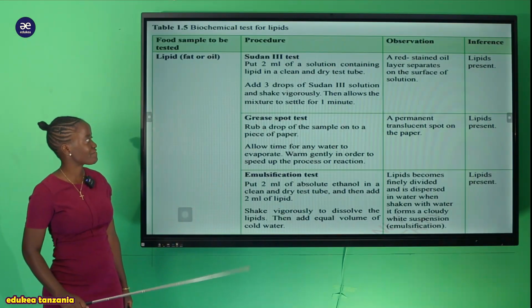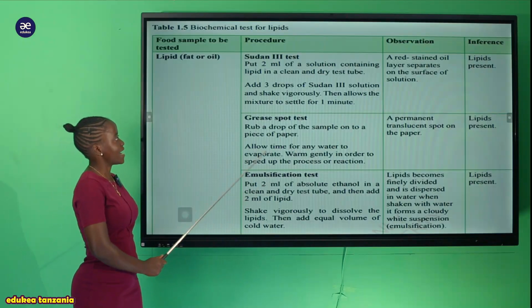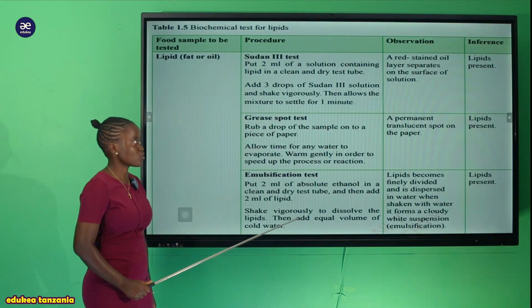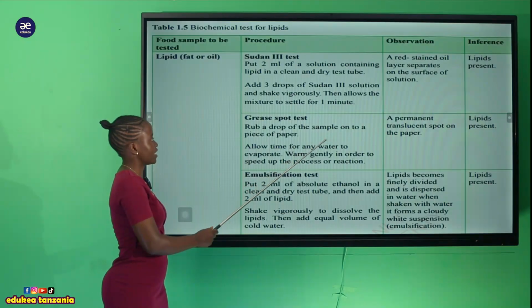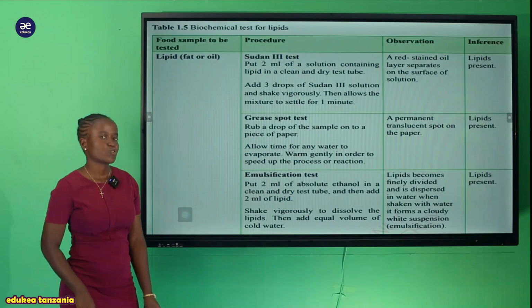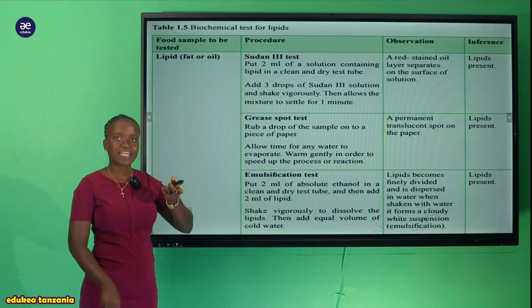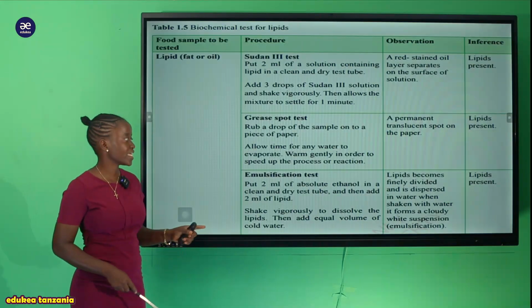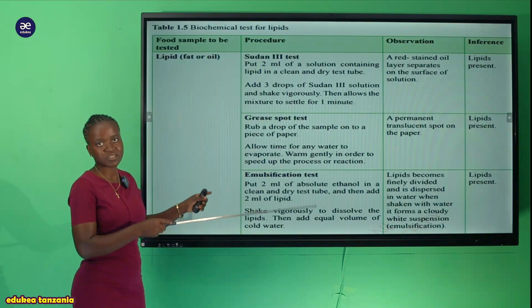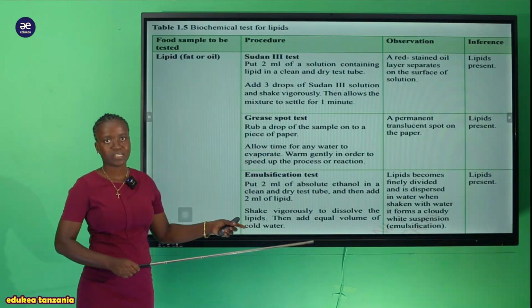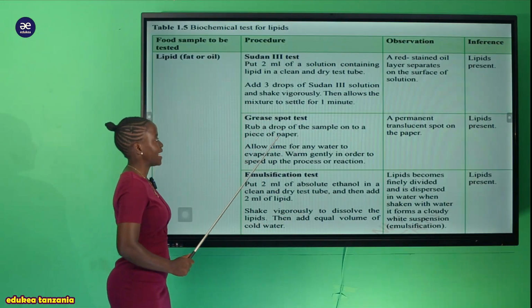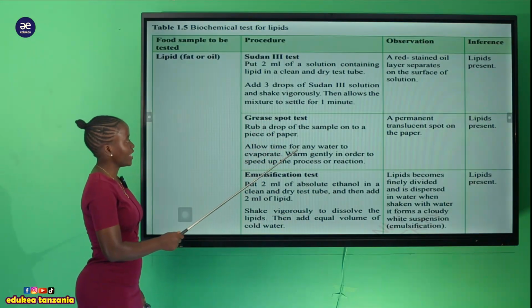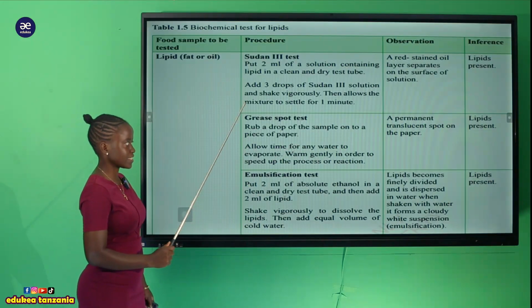But also you can test if there is a presence of lipid by using the grease spot test. So how? You rub a drop of a sample on a piece of paper. You are going to be provided a piece of paper, but this is not very common; commonly we use Sudan III. Now allow time for any water to evaporate.